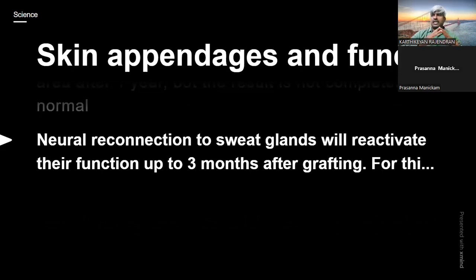So the sweat glands are partially reactivated by reinnervation after 3 months. Only then do we have to take care of the graft with paraffin application, every 2 to 4 hours for 3 to 6 months. Otherwise the graft will break down because of dryness, so we take care with paraffin dressing.